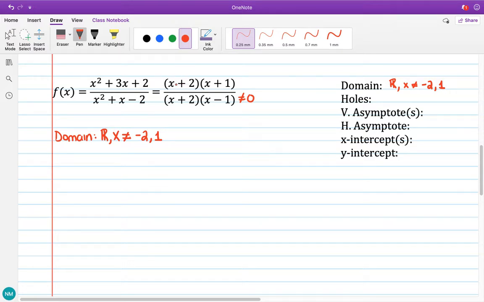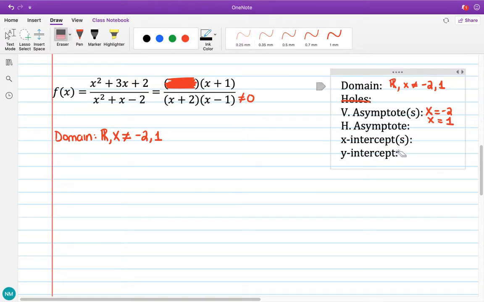That's really important here. Now, if let's say this didn't exist, and there are no common factors, we would automatically jump in and say, okay, my vertical asymptotes are x equals -2 and x equals 1. My horizontal asymptote we can find out. But there'd be no holes, and my x-intercept would be -1 because you just set your numerator equal to 0. Here's the problem now.